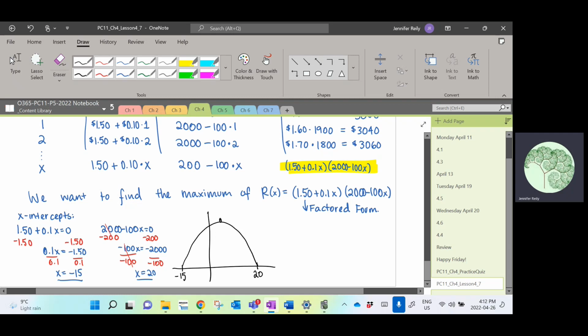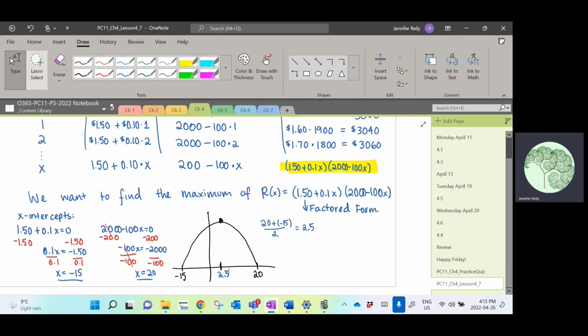And the maximum here is going to be right in between the two. So to figure out where this maximum point is, we can add up the x-intercepts and divide by 2. We find the average of the two. So 20 plus negative 15 divided by 2 is 2.5. And so 2.5 price increases will be the best possible revenue.